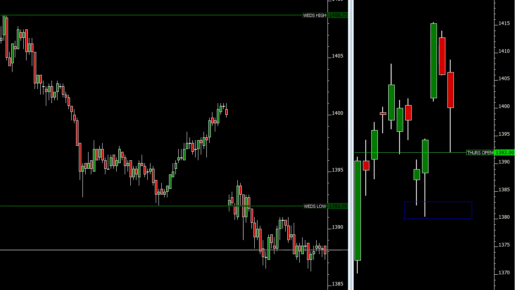This is probably an example of biases more than anything actually, but I wanted to show you it because a good example came up on Thursday, Thursday the 29th of March 2012 in the ES.